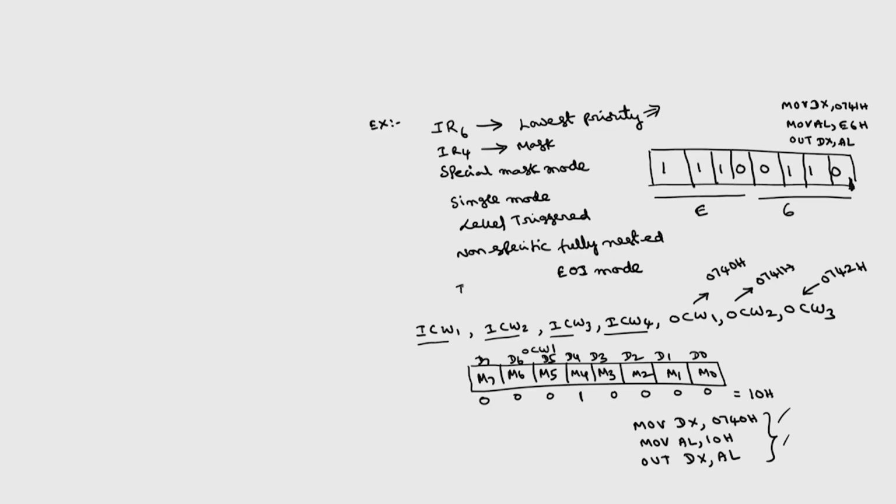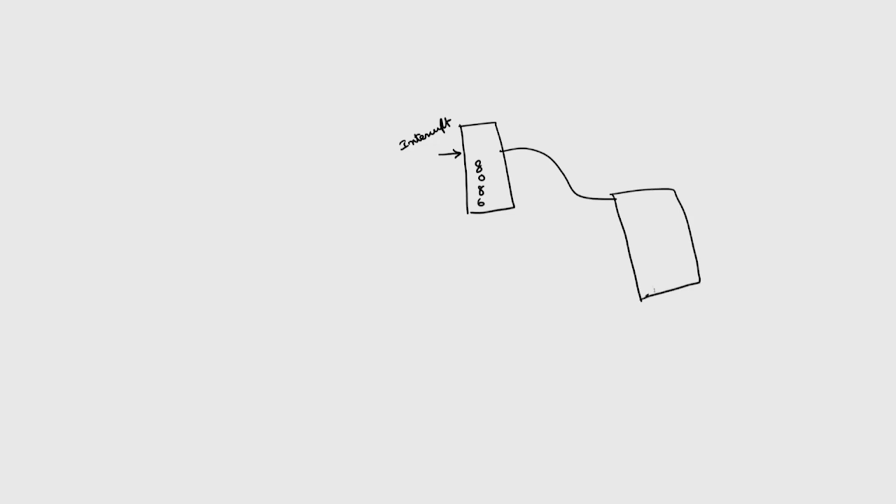So if I use this type as 128, say, once this IR is requested, a call instruction will be executed, because the interrupt process is nothing but this: whenever an interrupt occurs, the microprocessor completes the execution of the current instruction and goes to a subroutine called the interrupt service subroutine.